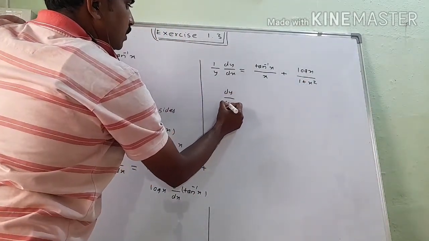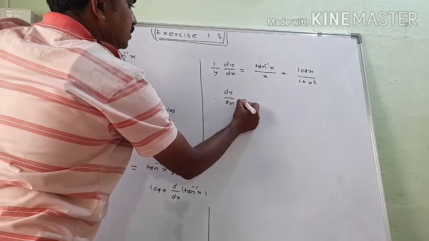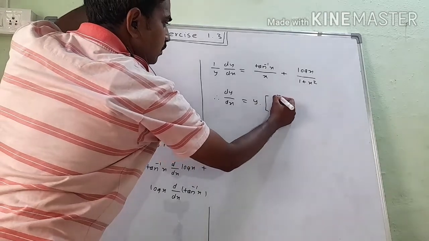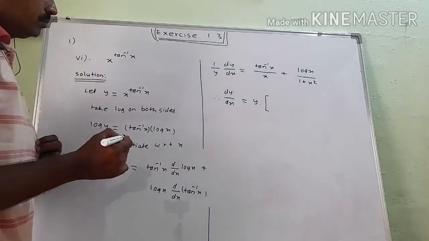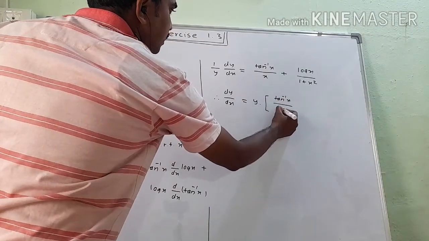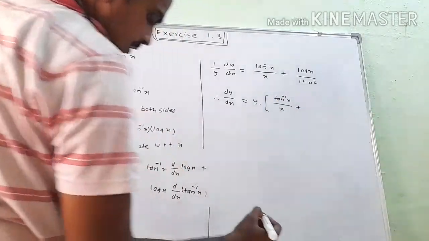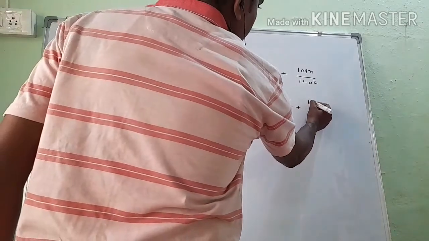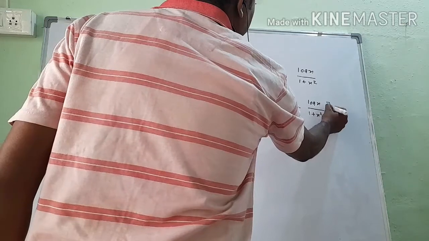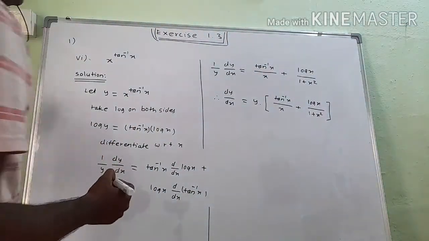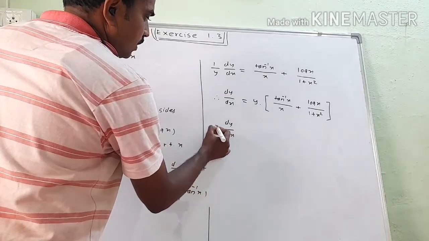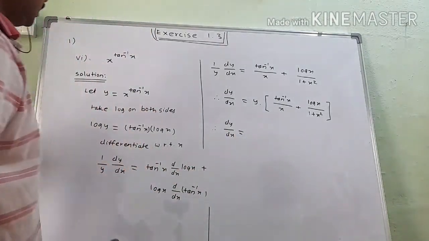Now we have to find the value of dy by dx, so we have to multiply our equation by y on both sides to get y into tan inverse of x divided by x plus log x divided by 1 plus x square. Now by substituting the value of y, we get our final answer.